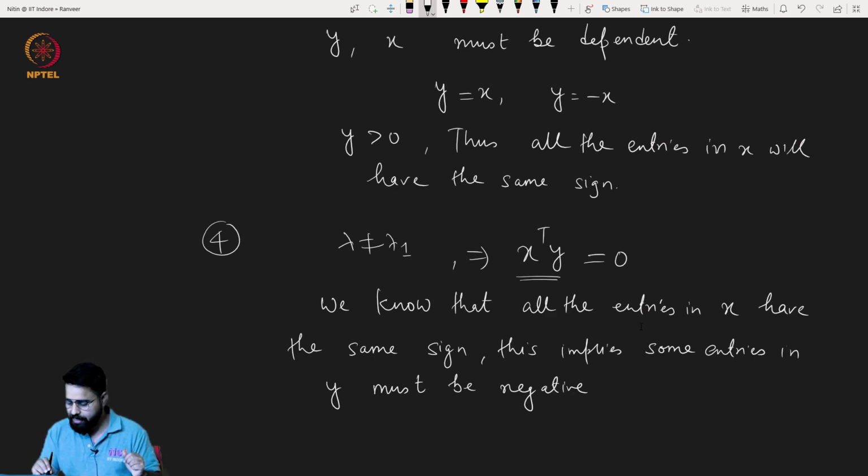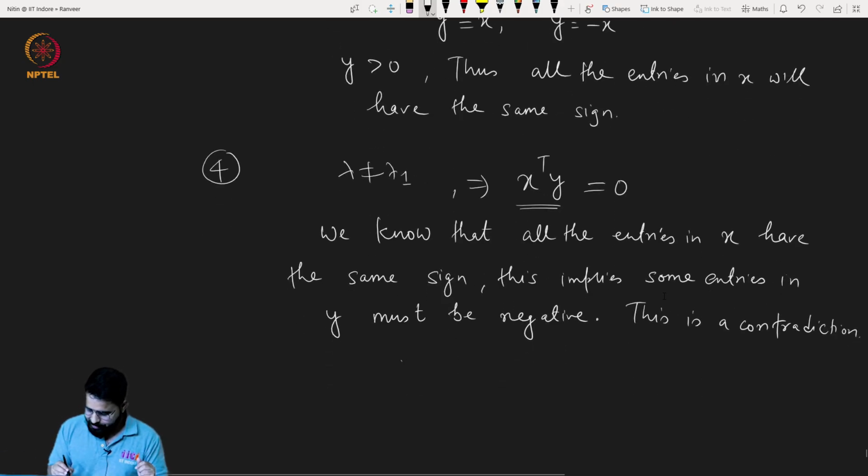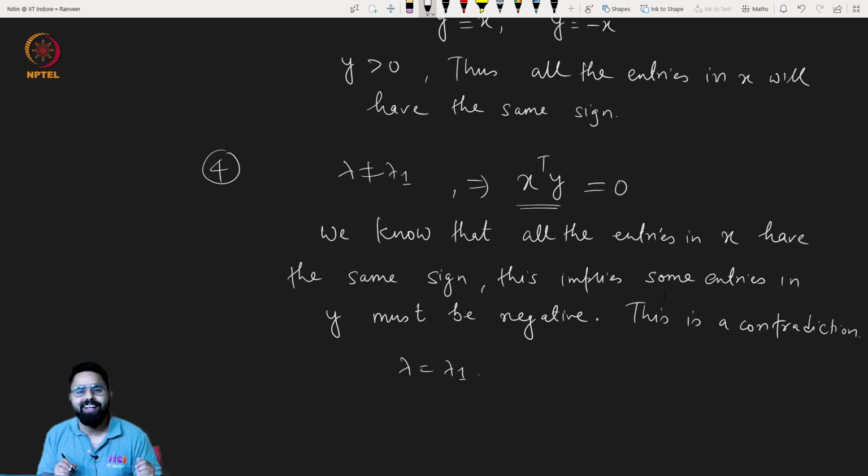Otherwise X transpose Y will not be 0. But it is given that Y is not a negative vector, so this is a contradiction. And so lambda indeed must be equal to lambda 1.